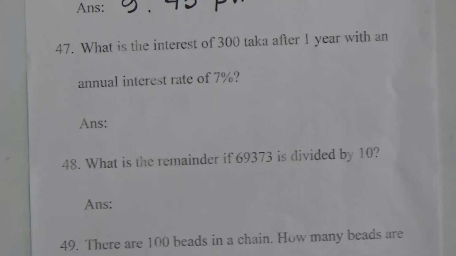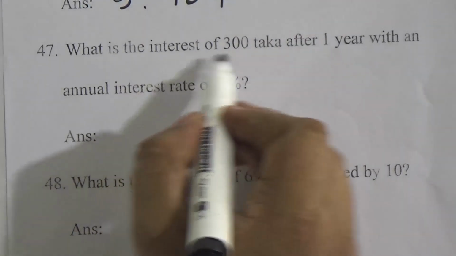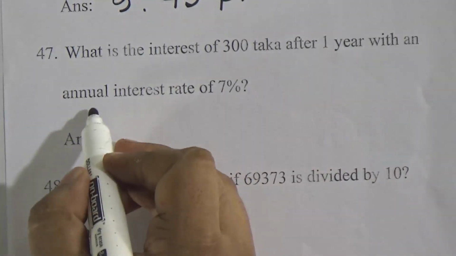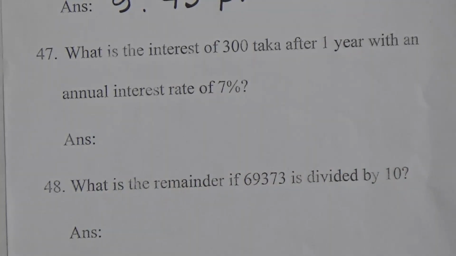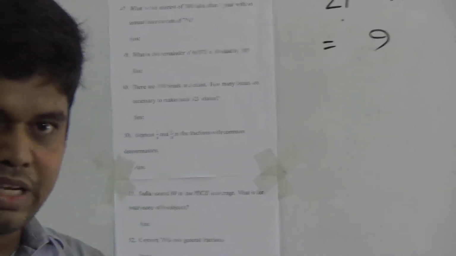Question number 47. My dear students, please read the question first. What is the interest of 300 taka after 1 year with an annual interest of 7%? Dear students, we know the formula of annual interest, or simple interest.